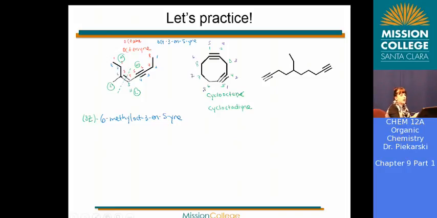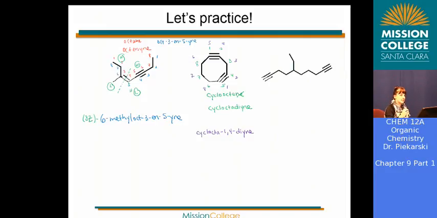So the purple way I could have a 1, 4. The green way I have a 1, 4. Does it really matter here? No, it doesn't matter which way we number it. There's no branching or anything for us to decide which way. Okay, so therefore the name for this one is cycloocta-1,4-diyne. Okay.